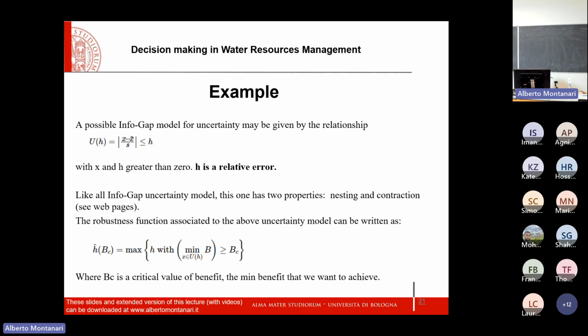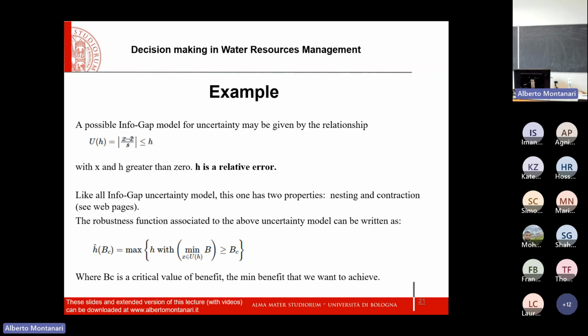And then we can identify a range of X values, which depends on H, by imposing that the relative error in absolute value is less than or equal to a given H value.